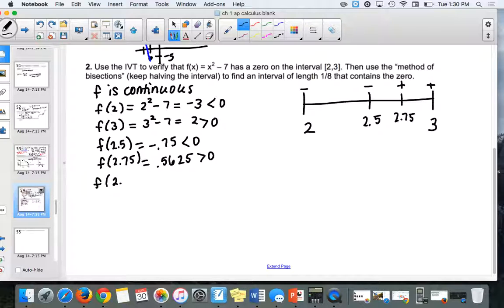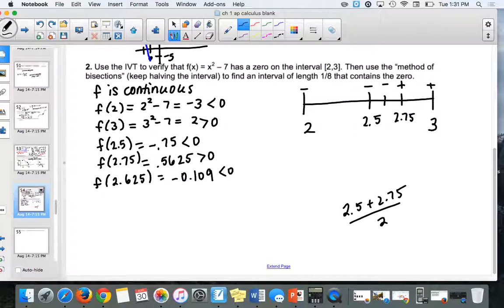So we do 2.625. If you did not know how to do that, I would do 2.5 plus 2.75 divided by 2. Find the average of the two, directly between them. So when you do 2.625, you get a negative number, negative 0.109 something, which is less than 0.